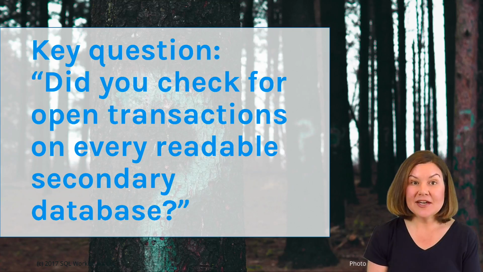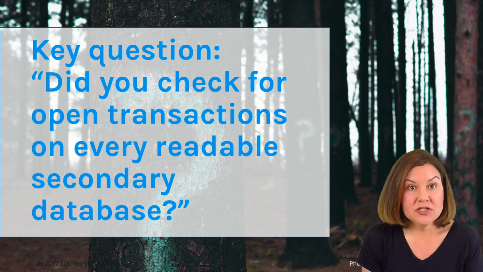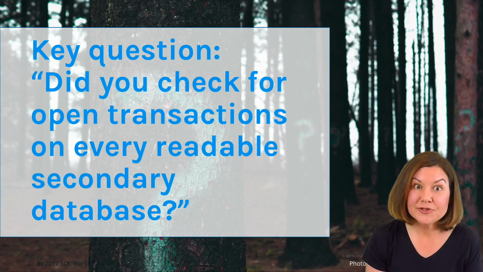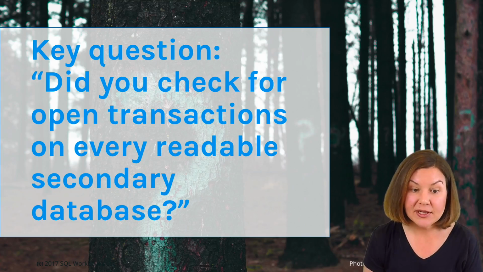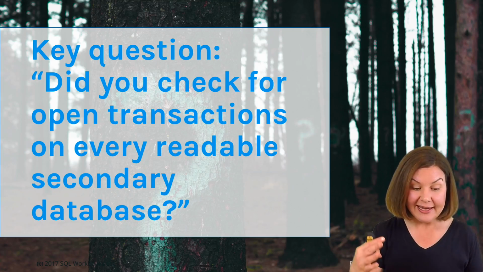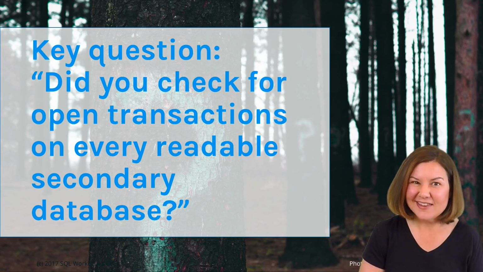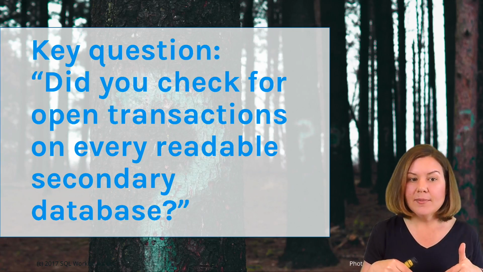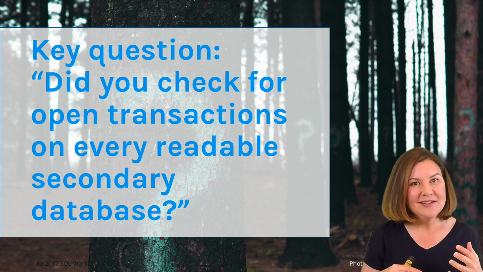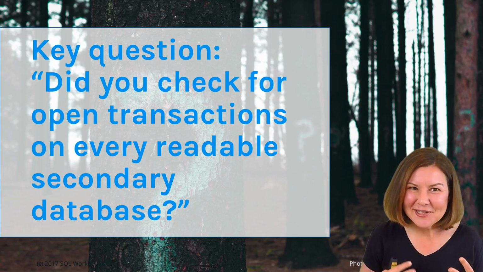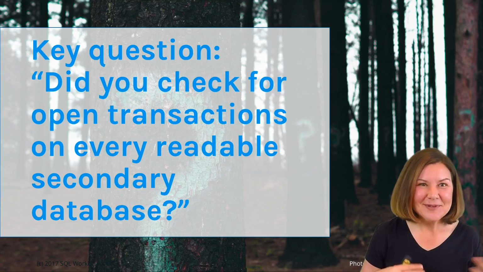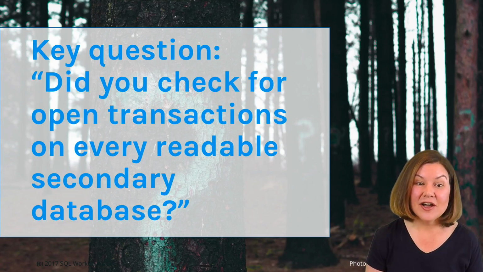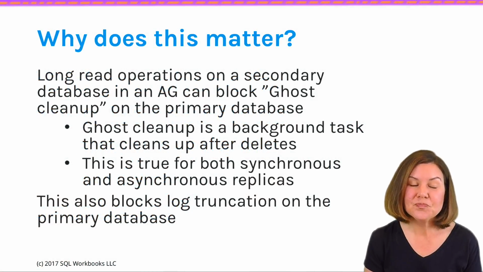I asked this because it would be natural to just run DBCC OPENTRAN against the primary replica, where we think open transactions might be a problem. But availability groups are complicated, and open transactions elsewhere can actually cause big problems too.